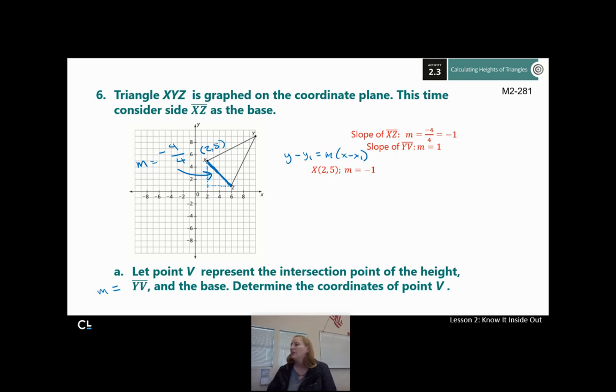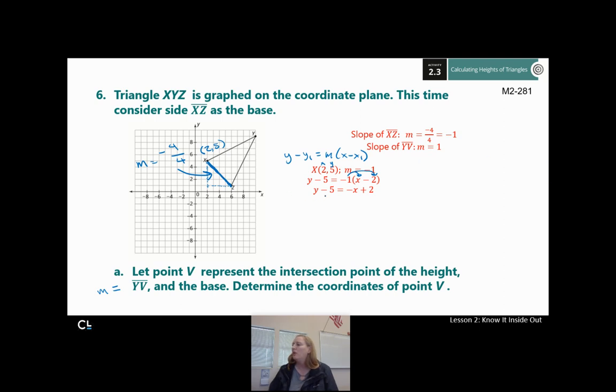So y minus 5 equals m, which is my slope, -1, times x minus my x coordinate, which is 2. And again, I'm just going to distribute. -1 times x is -x, and -1 times -2 is +2.